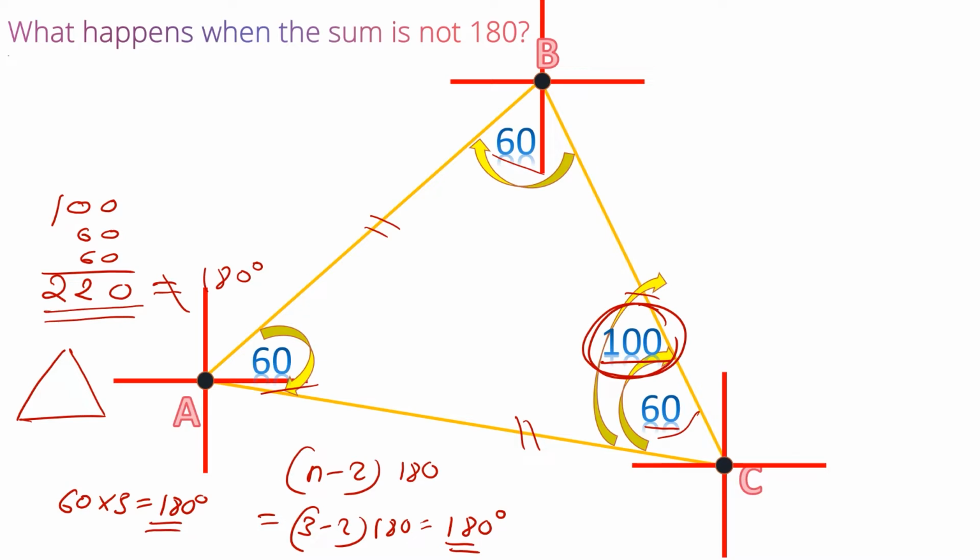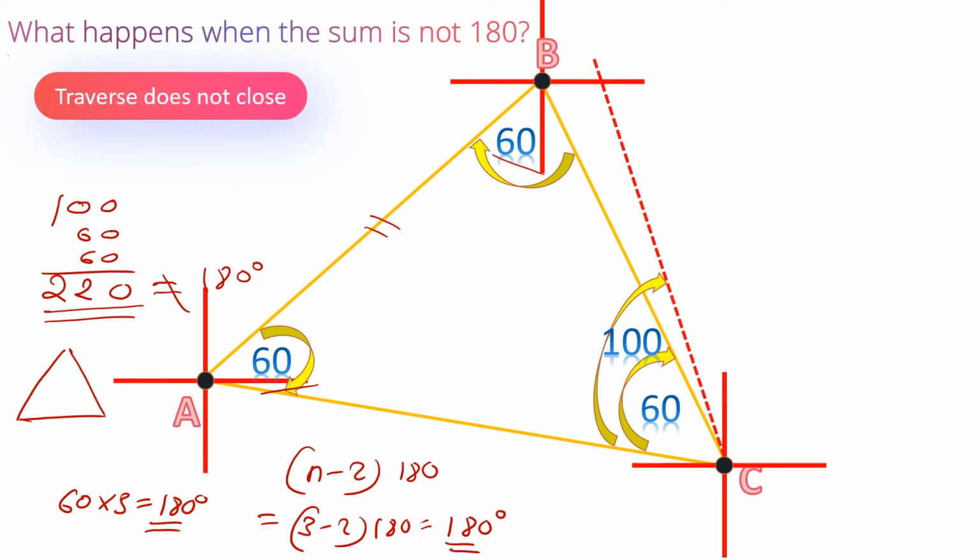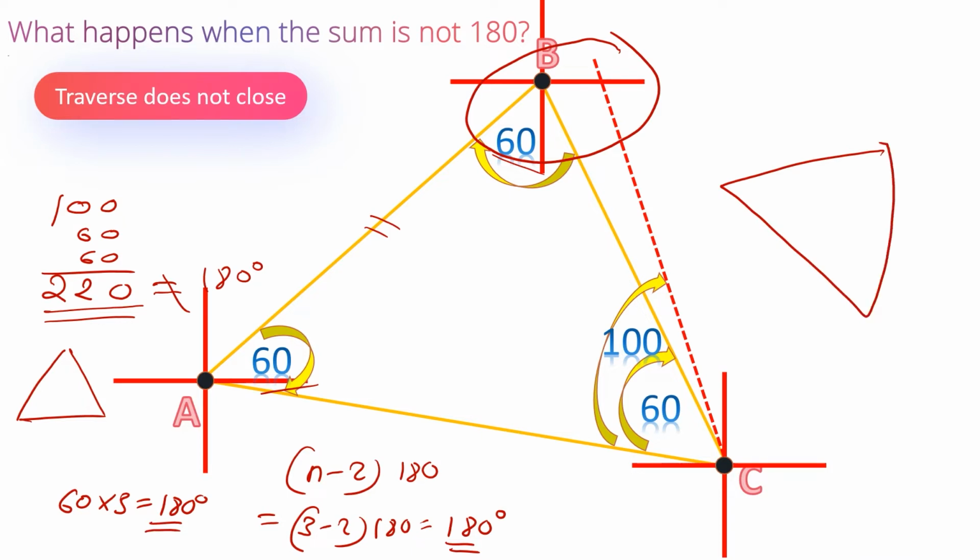Visually, if this is 100 degree, then your third side would be like this, and you can see that this traverse is not closing. It should form a closed polygon, but since you measured one of the angles incorrectly, the traverse is not closing. So that is why we need to adjust the angles so that we can close the traverse.